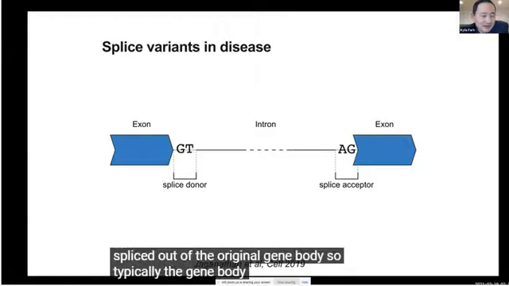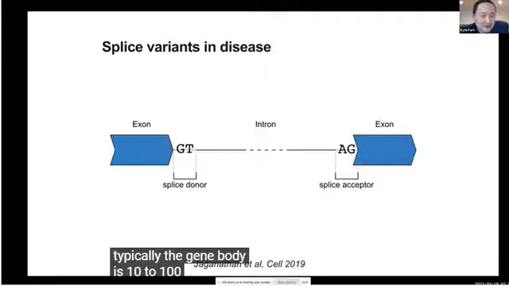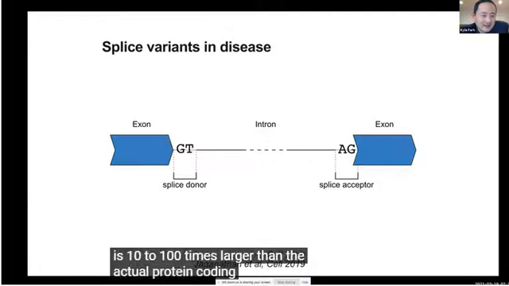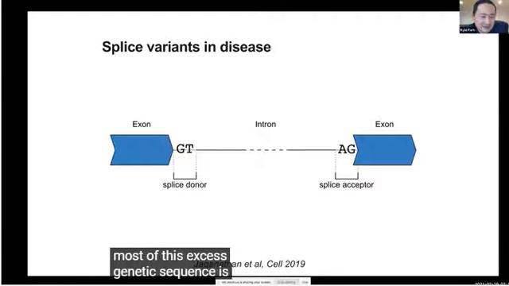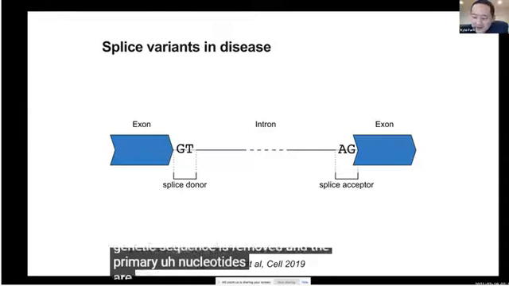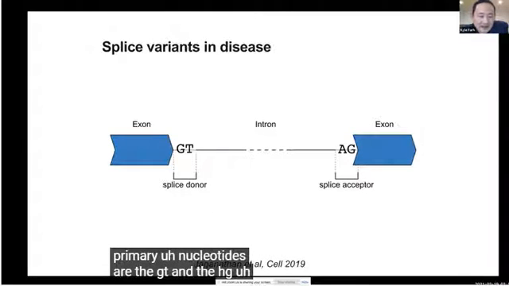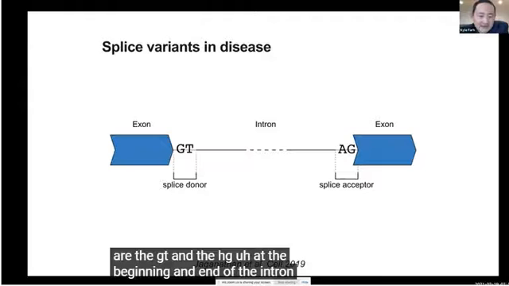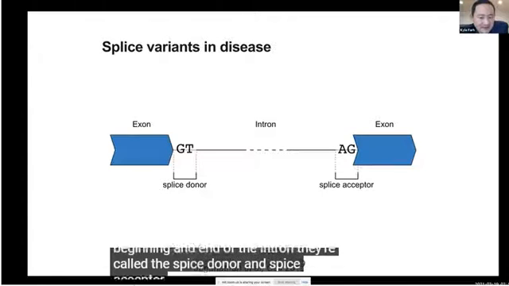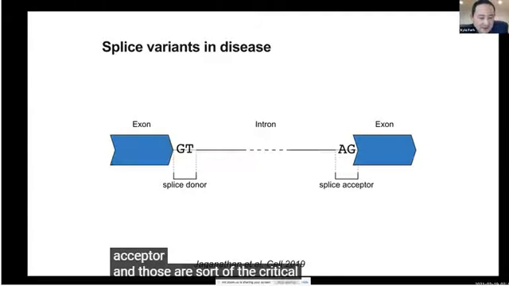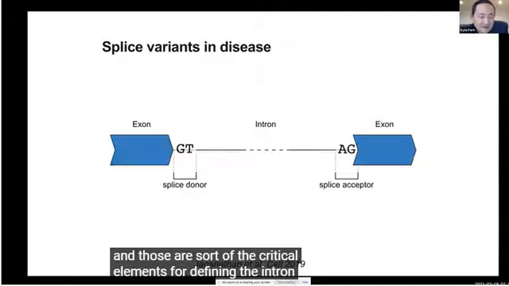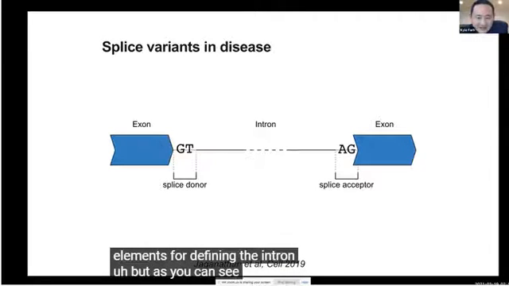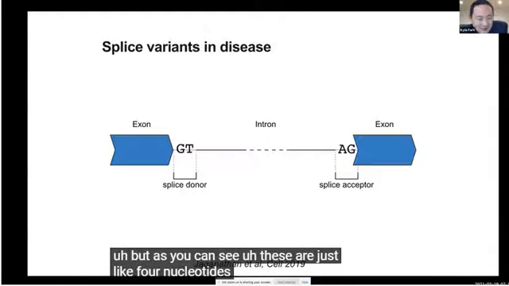Typically the gene body is 10 to 100 times larger than the actual protein coding sequence, and splicing is the process by which most of this excess genetic sequence is removed. The primary nucleotides are the GT and the AG at the beginning and end of the intron. They're called the splice donor and splice acceptor, and those are the critical elements for defining the intron. But as you can see, these are just 4 nucleotides of specificity.